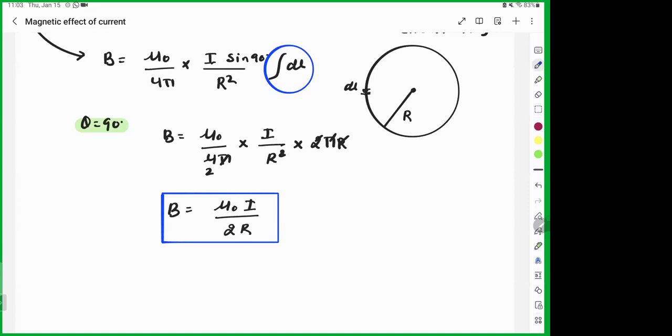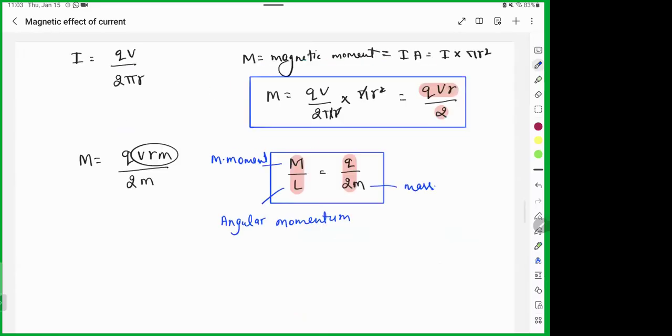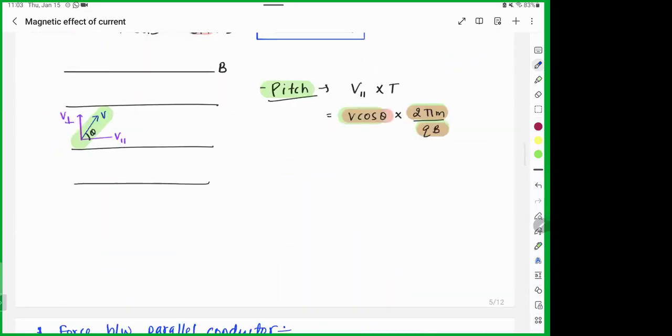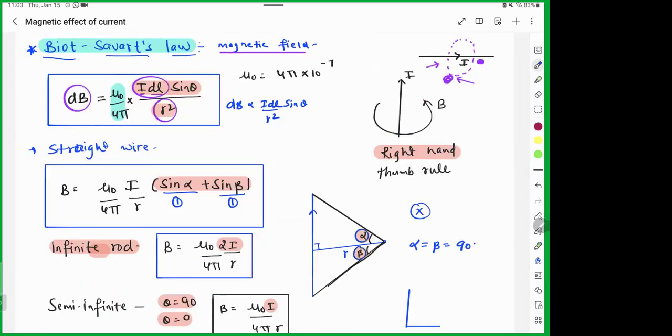Sometimes, like for your boards, you used to do proper derivation and you used to remember everything. Yes, sir. Okay. No, sir. Any doubt? No, sir.